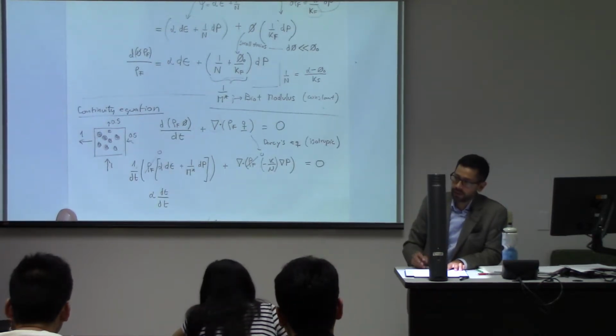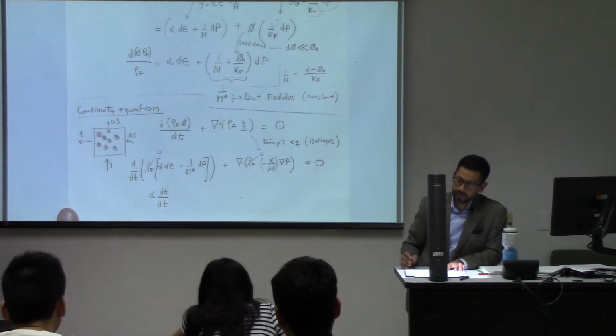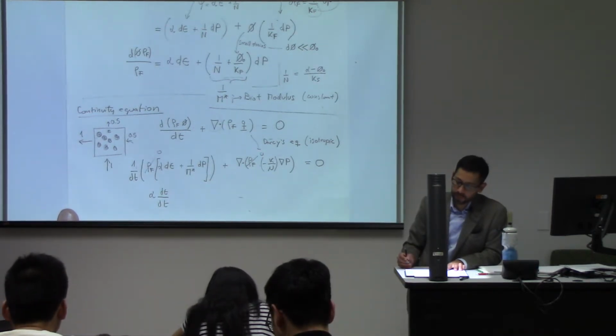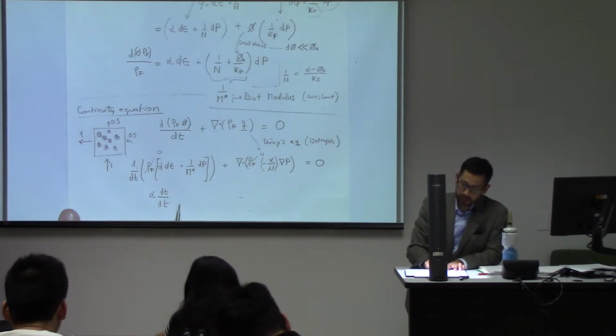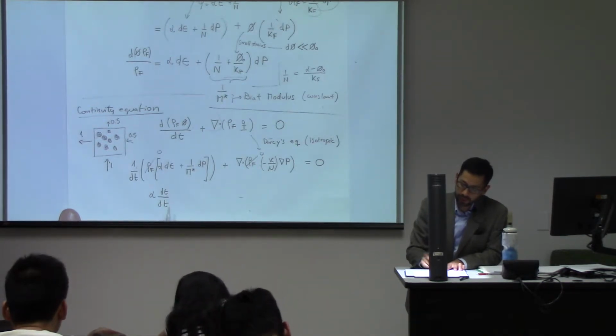So if we assume that k and mu are constant, it's going to be minus k over mu. So yes, Laplacian. So we're getting there.